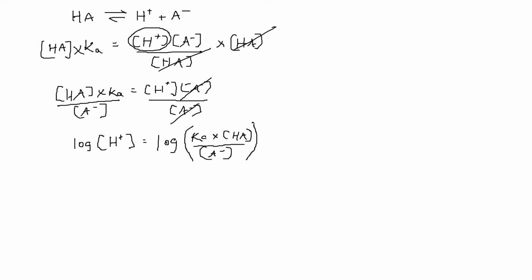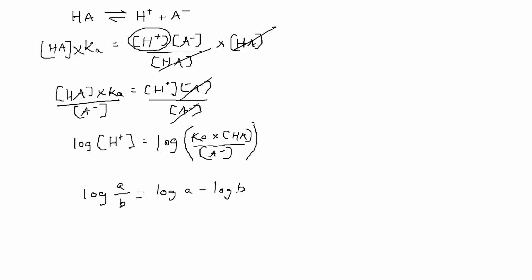Now we can use one of our rules of logarithms, and the rule here is that the log of A divided by B is the same as the log of A minus the log of B, and we're going to apply that rule to this part of the relationship here.